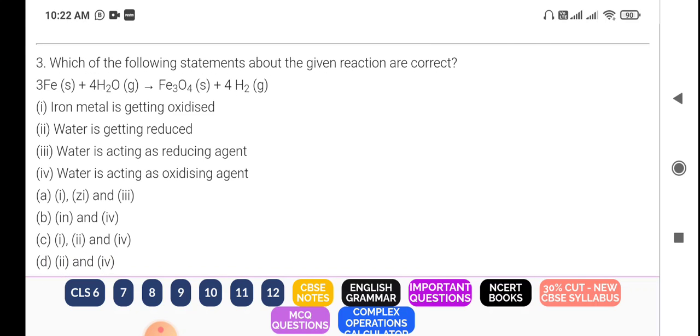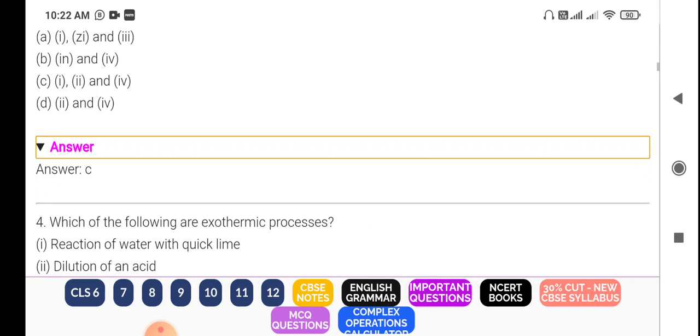The first, iron metal is getting oxidized, is correct. Second, water is getting reduced, because hydrogen is replaced. And water is acting as the oxidizing agent. So first, second, and fourth are correct. So C is the correct answer.